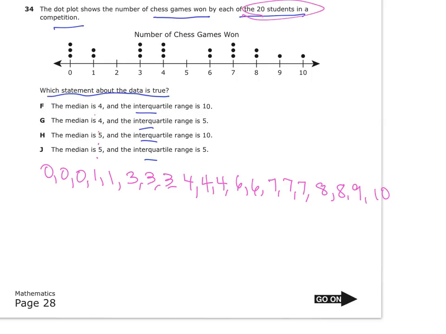Okay? So I should have 20 numbers. So I'm going to come back over here and just count them. 1, 2, 3, 4, 5, 6, 7, 8, 9, 10, 11, 12, 13, 14, 15, 16, 17, 18, 19, 20. Okay, it never hurts to just double check and make sure.